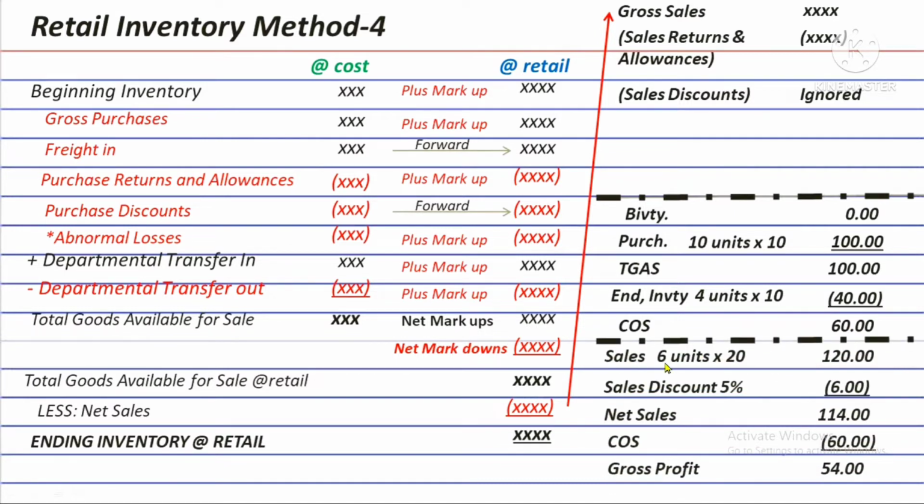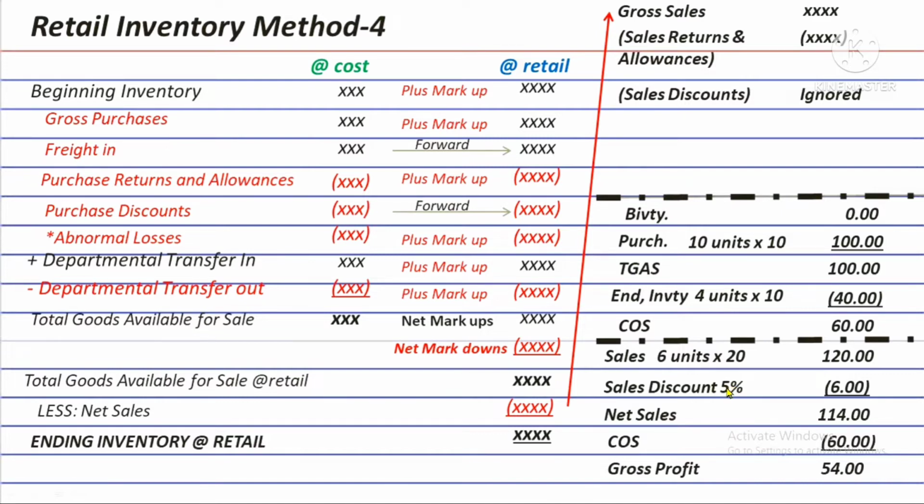And aside from that, let's assume that the 6 units were sold at 20 each because it's the policy of the company to sell goods at 200% of cost, or in simple terms, just double the cost. That's the sales price. So the sales will be 6 units times 20, then we will have 120. And in addition, let's have a sales discount given to customers at 5%.